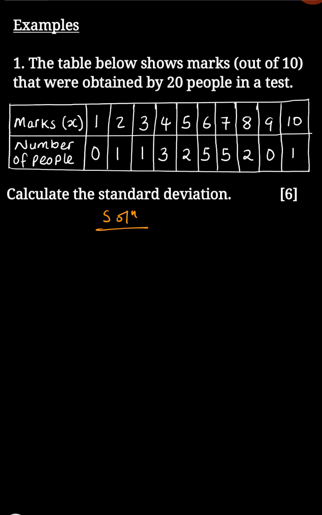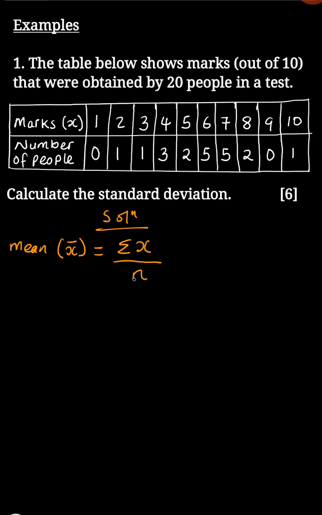As I have already explained, the mean, or the X bar, is found by the summation of the values of X divided by the total frequency.